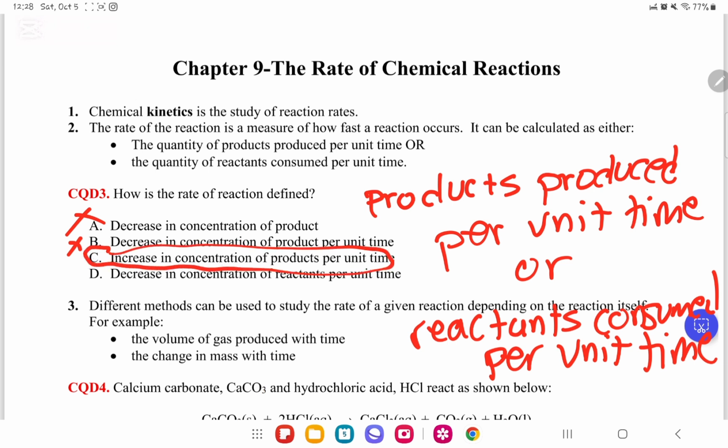D, a decrease in the concentration of reactants per unit time. This is also correct. So the rate of reaction is defined either as the products produced per unit time or the reactants consumed per unit time, or an increase in the concentration of products per unit time and a decrease in the concentration of reactants per unit time.